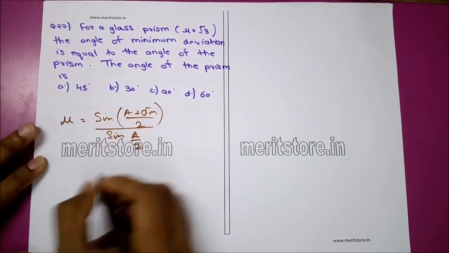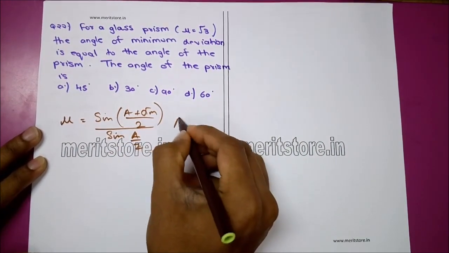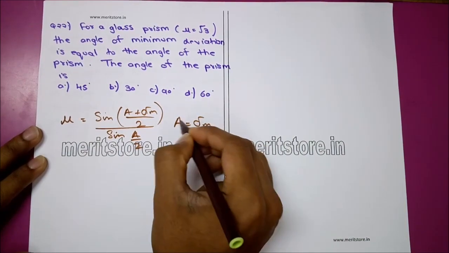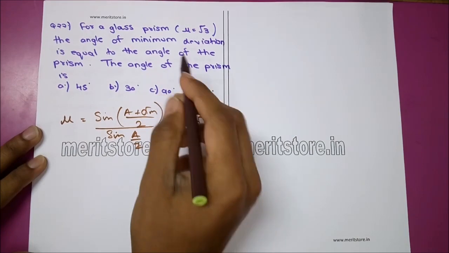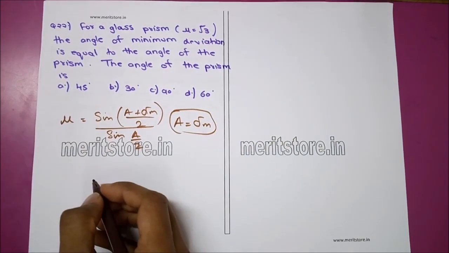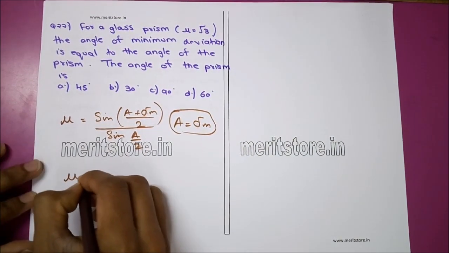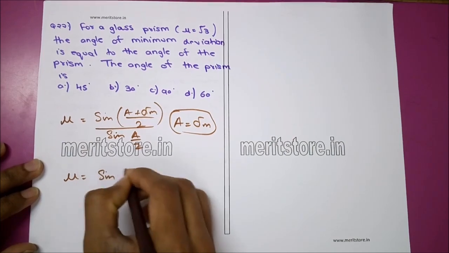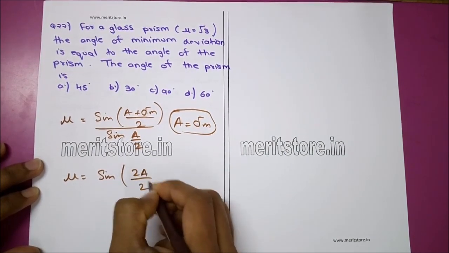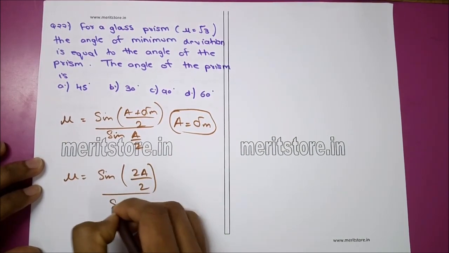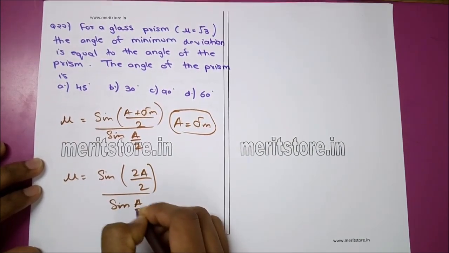A by 2. Now in this case A is equal to delta m, the angle of prism equals the minimum angle of deviation. So mu can be rewritten as sine of (A plus A), that will be 2A, upon 2, upon sine of A by 2.